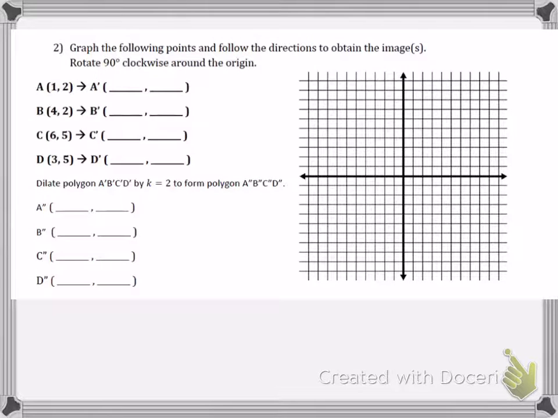For the second example of a combined transformation, we again need our original. So we're going to start by graphing our original on the coordinate plane, and this will create a parallelogram.